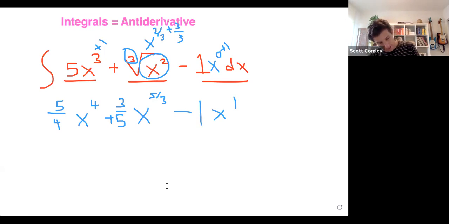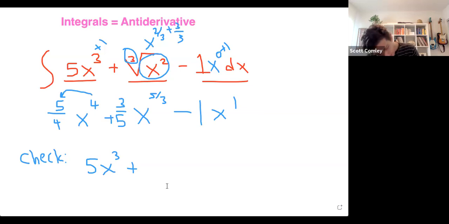This is going to be our integral, and we can check by taking the derivative. 4 times 5/4 is just 5x, and we're going to take 1 away to the third. And then 5/3 times 3/5 is just 1. And we're going to take 3/3 away.